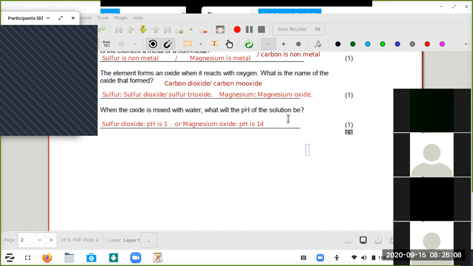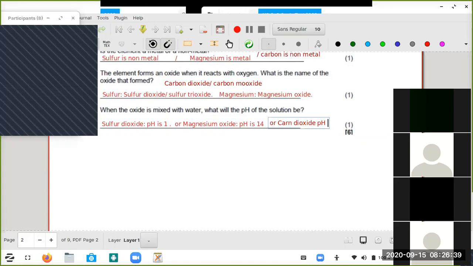Then if it is carbon, it will form carbonic acid. So for carbonic acid, the carbon dioxide will then have a pH. Remember, it is non-metallic, so since it is non-metallic, it will form an acid.